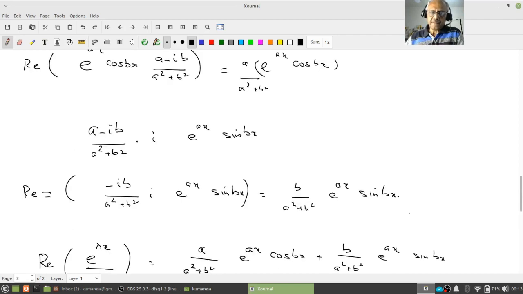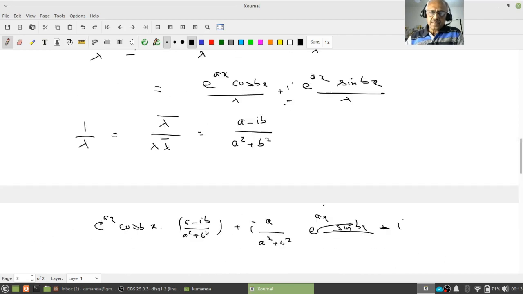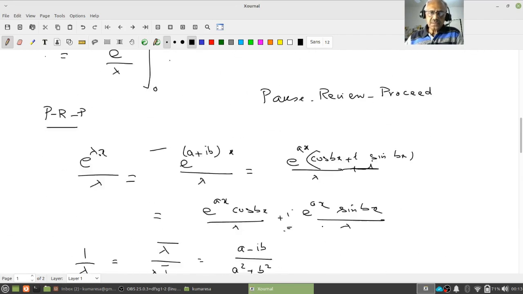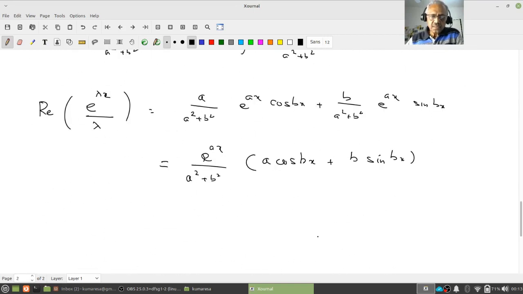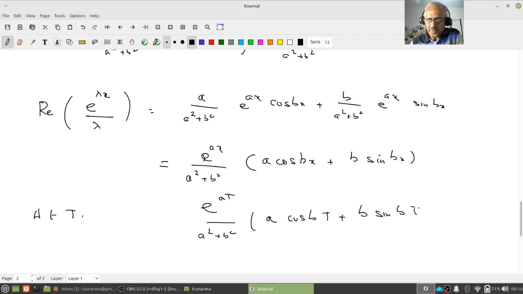Yeah, right. But notice that this is e power lambda x, therefore at t this is going to be e power at by a squared plus b squared times a cos bt plus b sin bt. Okay, remember what I am doing is I found out the integral to be e power lambda x by lambda.